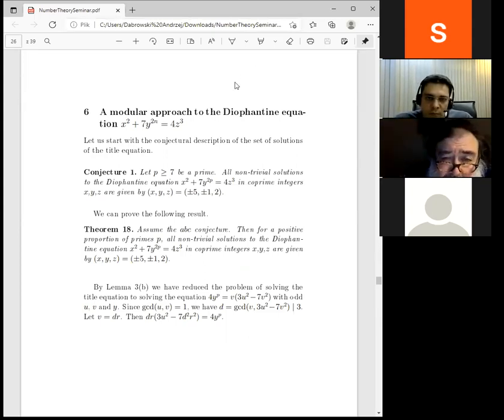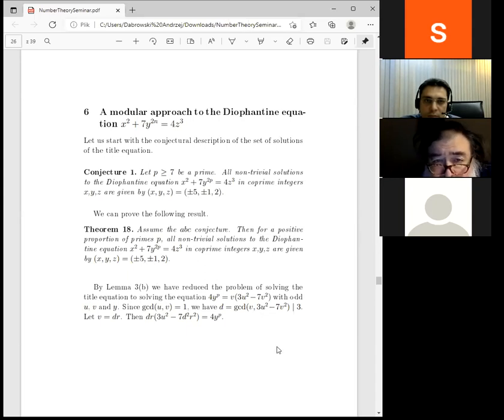We conjecture that all non-trivial solutions to the title equation are the obvious ones. We can prove this only under the ABC conjecture. So assume the ABC conjecture; then for a positive proportion of primes, all the non-trivial solutions are the obvious ones.